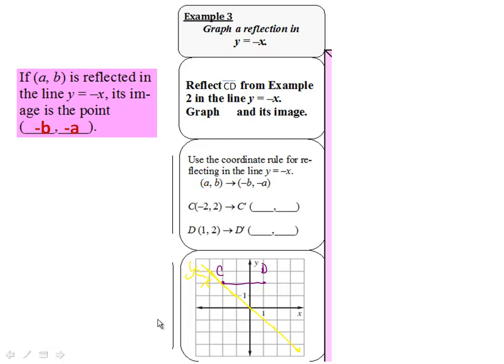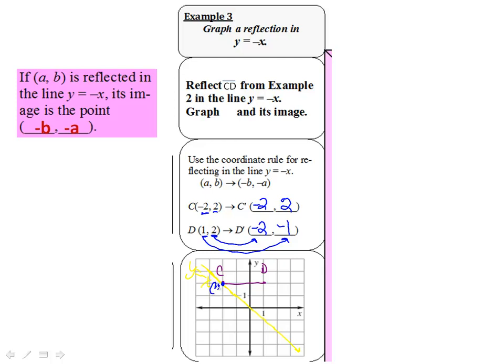In order to do this, I want the opposite of B, the opposite of A. So B here is 2, the opposite would be negative 2. A here is negative 2, so my opposite is going to be positive 2. Here's my B, so it's going to go here with the opposite sign. Here's my A, it's going to go here with the opposite sign. So C prime is negative 2, 2, which makes sense because C is on that yellow line.